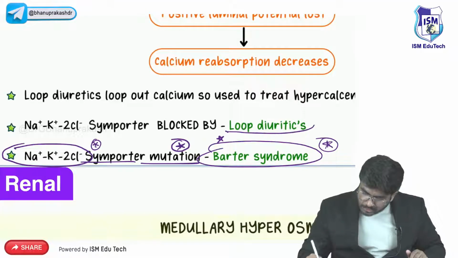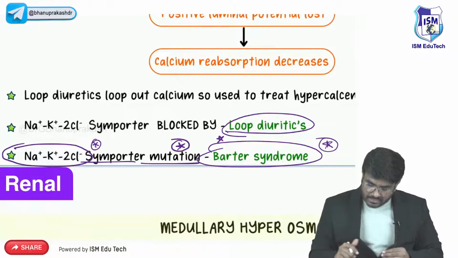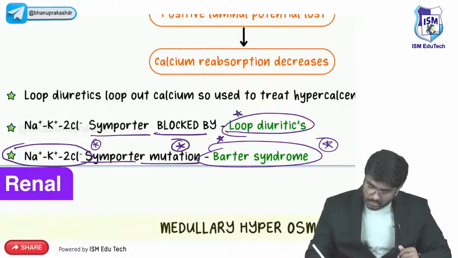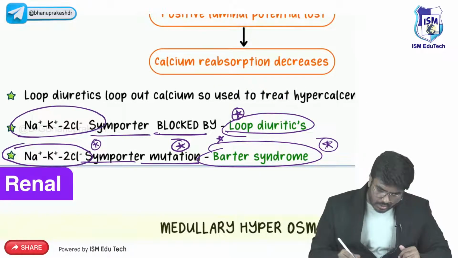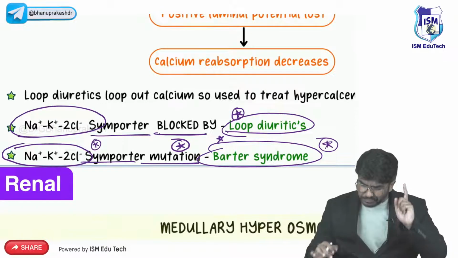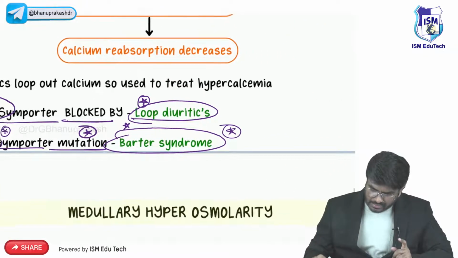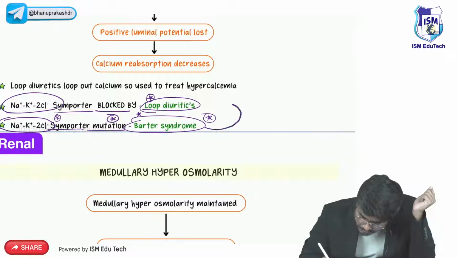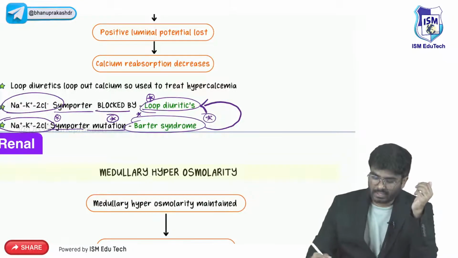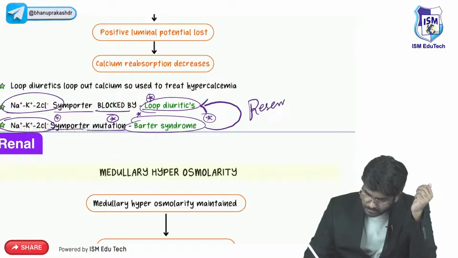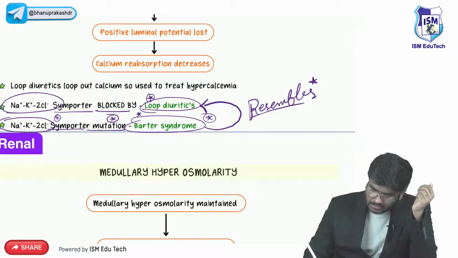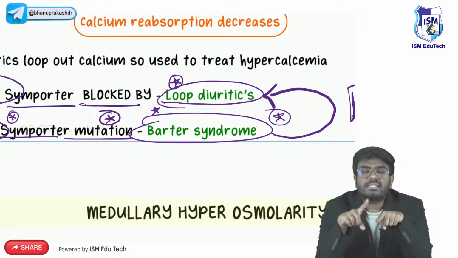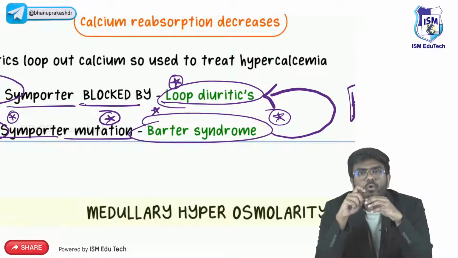Also I have explained to you loop diuretics, furosemide. Furosemide blocks which transporter? Loop diuretics like furosemide also block the sodium potassium 2 chloride importer. So I will tell you a statement: Barter syndrome resembles loop diuretic overusage.